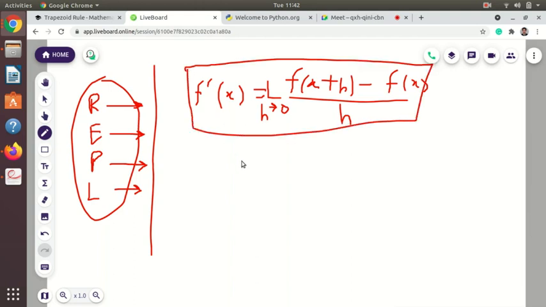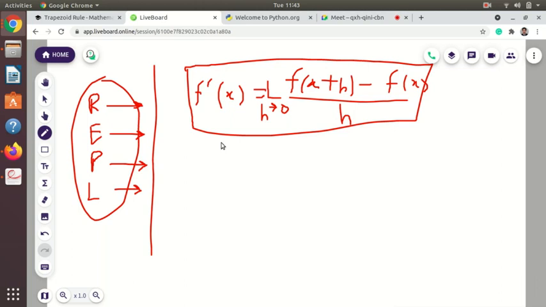Now in some cases there are complex functions, and we cannot calculate the derivative directly. If we have data or we know the function, how do we find the derivative numerically at point a? When you find a derivative or integration, or the solution of a differential equation numerically, it means we will only use numbers, not any variable.